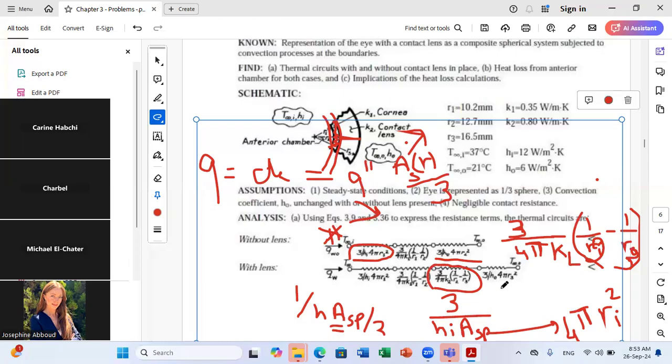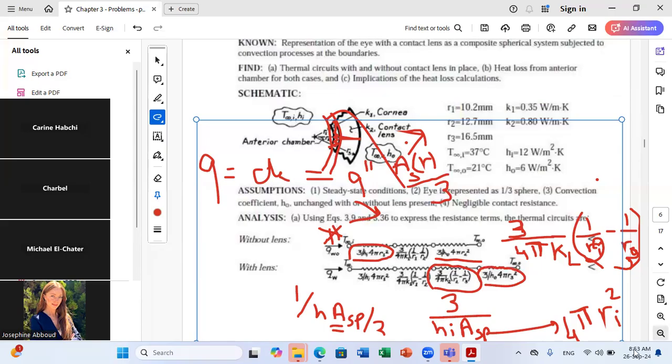And finally, on the outer side the area also changed because you have increased thickness. So now instead of 3 over H0 times 4 pi R2 squared, you will use 3 over H0 times 4 pi R3 squared. This will give you the resistance to convection.